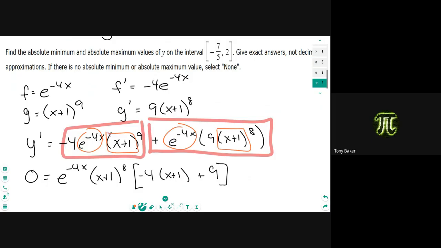I have 9 of them here and 8 of them here, so I pull out the most, which is the 8. Whatever's left is the -4 and one of those x plus 1s, and then the 9 that I forgot over here.